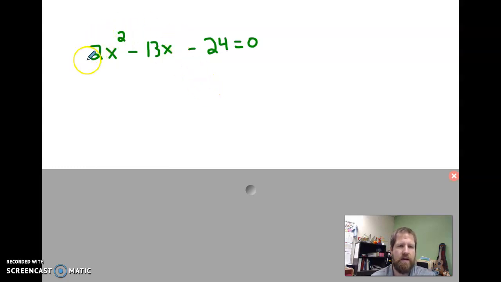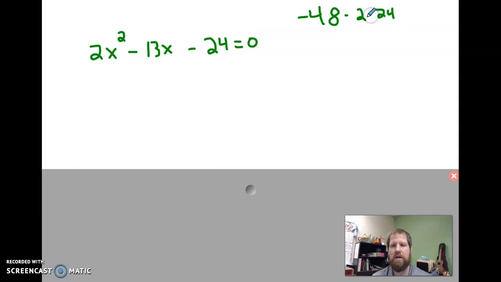So to do that, I'm going to start with 2 times negative 24. So I get my negative 48. And remember, to find my two groups, I'm looking for the factors of negative 48 that add up to negative 13. So I can see, I've got 2 and 24.